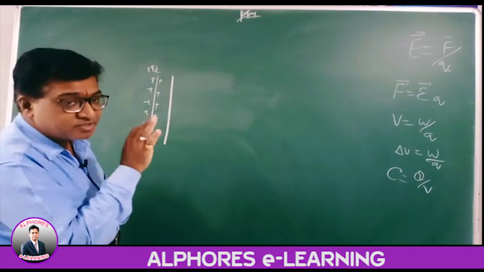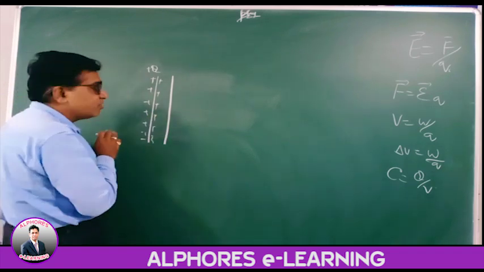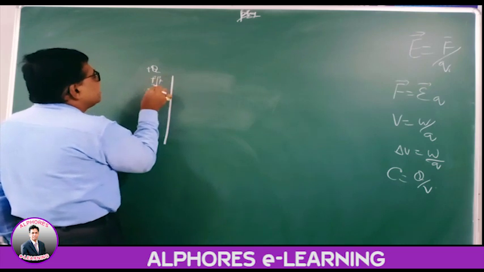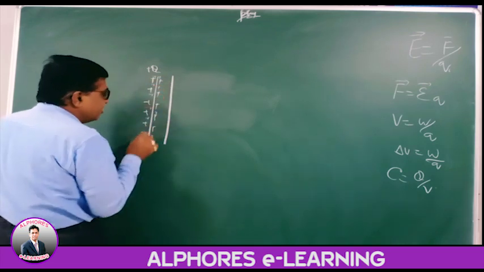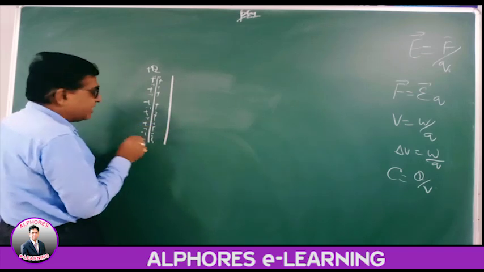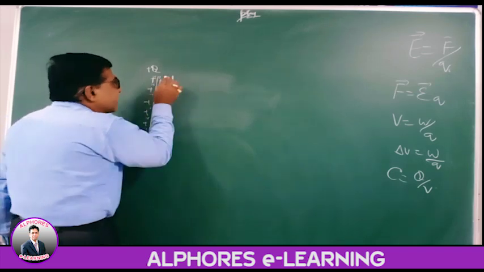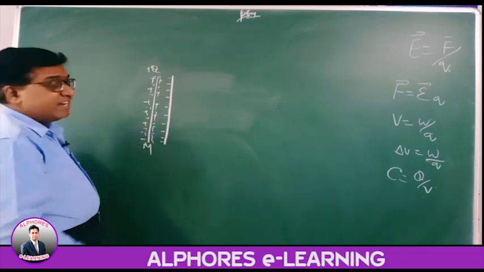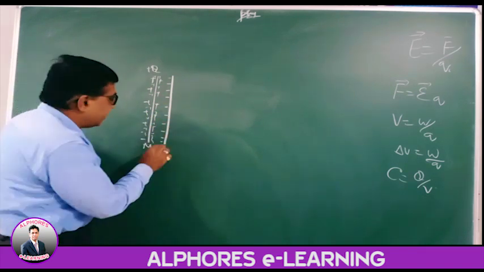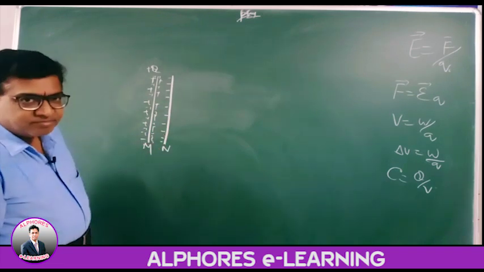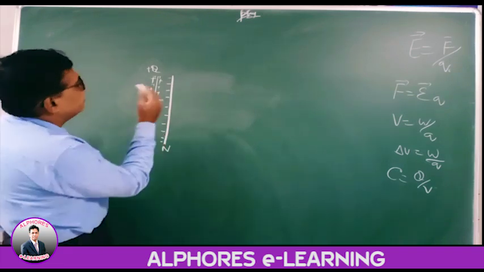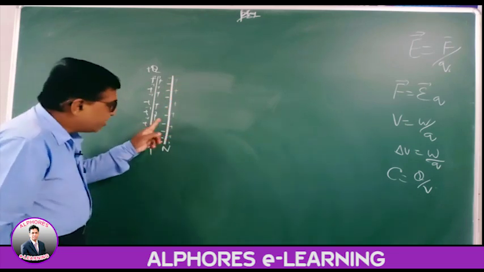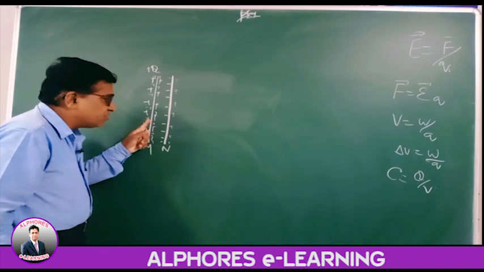Due to electrostatic induction, the positive charge on this first plate, M, will induce negative charge on the side of the second plate facing it. Let us call the second plate N. Minus charge is induced on this side and positive charge is induced on the other side of the plate. Because of this negative charge, the potential of the first plate reduces.